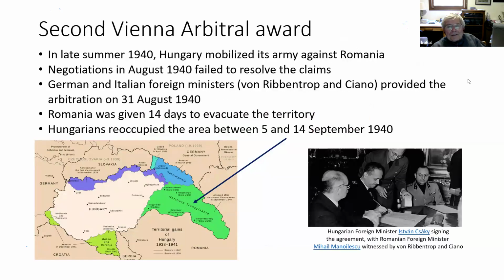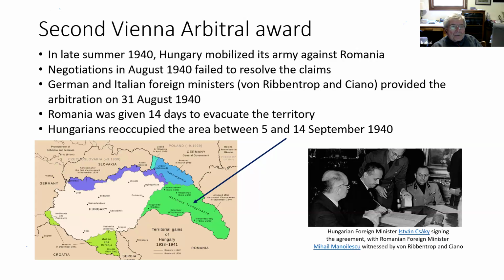The Hungarians and the Romanians nearly went to war with each other in the summer of 1940. The Germans did not like that because they relied on Romanian oil. So they wanted to facilitate a compromise between the two allies, and negotiations started in 1940, but they failed because neither side would budge, and eventually foreign ministers Ciano and Ribbentrop provided the arbitration in Vienna.